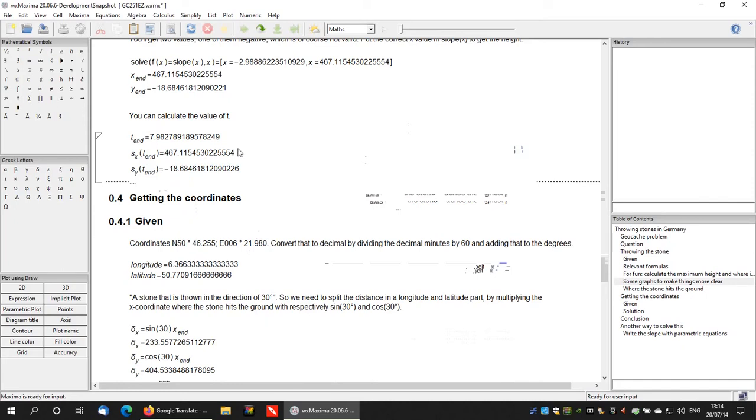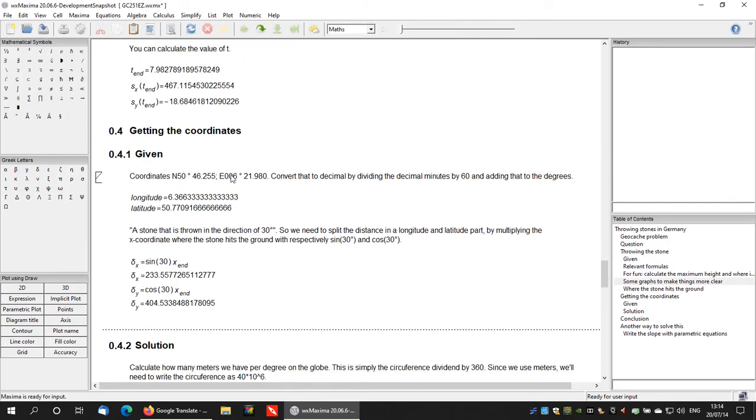And then if you put that in the parametric equations, of course you have to have the same values as you got here. Now, getting the coordinates of this thing, well, we were given those. So that's the start, 50 degrees north and 46.255 minutes, and 6 degrees east and 21.98 minutes.